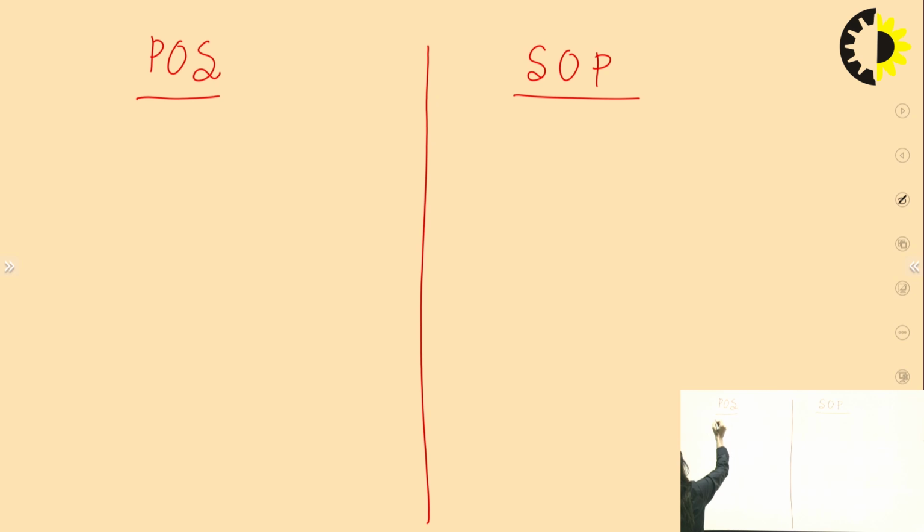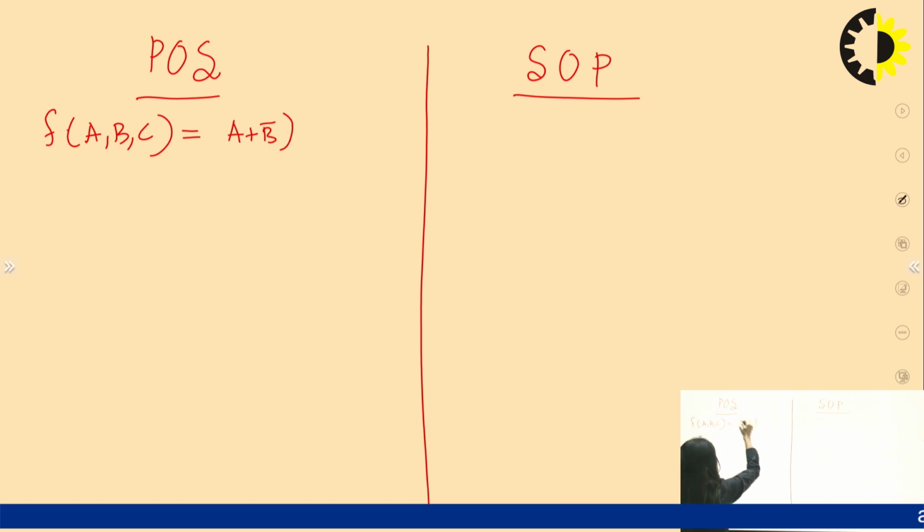So for product of sum, let's say a function f of 3 variables is written like this. So this is the product of sum form.